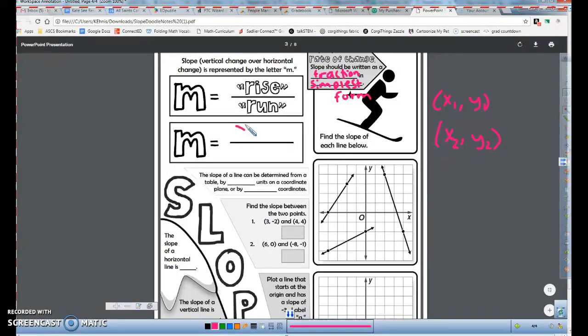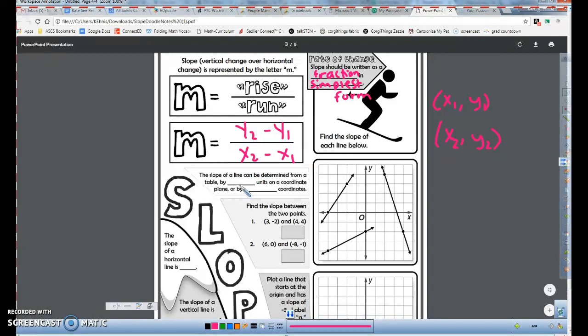And so my equation is going to be y2 minus y1, because rise is how up or down it is on the y-axis, so we know that y should be on top. So y2 minus y1 over x2 minus x1. You do need to subtract before you ever divide, okay?